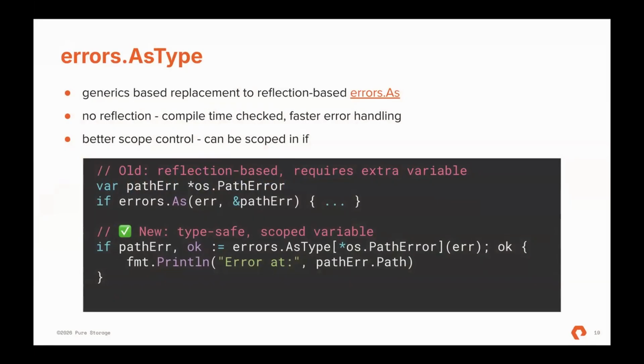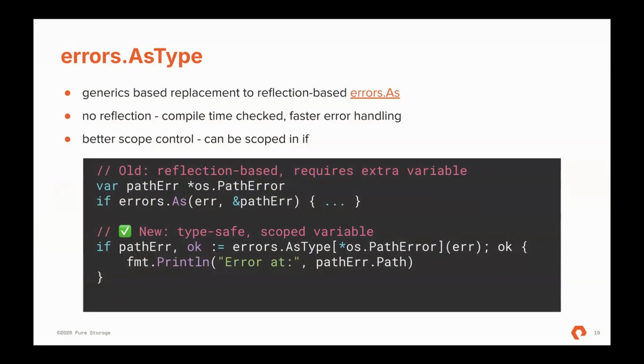This is also quite a small change, but I think will be quite welcome. Up until now we had only the errors.As function that we can use to check if the error was of a certain type. It had a few disadvantages. One, that we needed to have the variable either temporary or defined somewhere that we actually passed to this function.